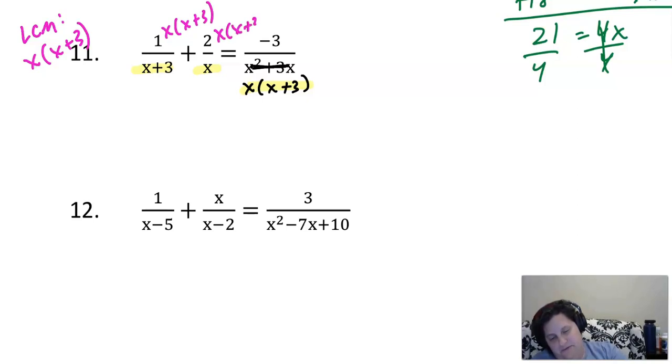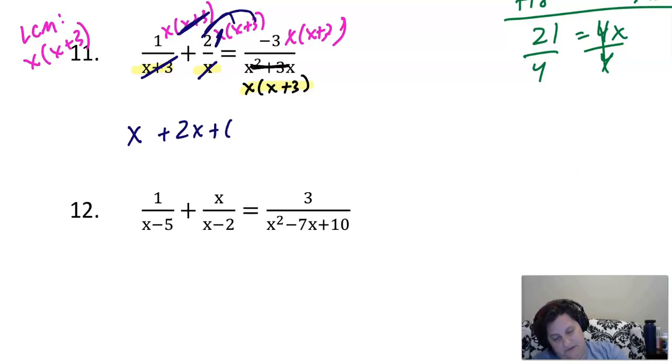Right here, x plus 3. And right here, x plus 3. The x plus 3's cancel, so I get 1x. The x's cancel, and when I distribute that, I'm going to get 2x plus 6. And everything cancels, and I get negative 3. Let me go ahead and combine these together.